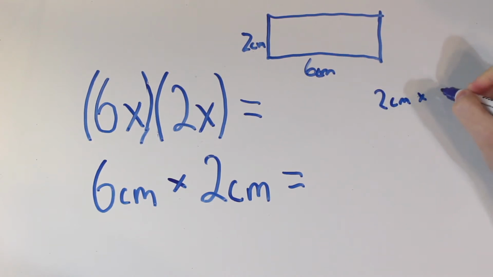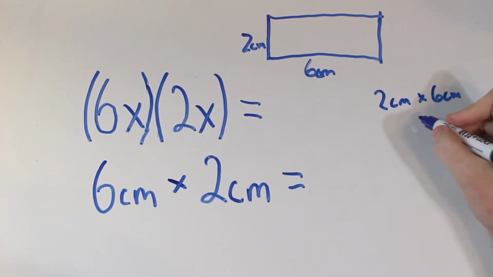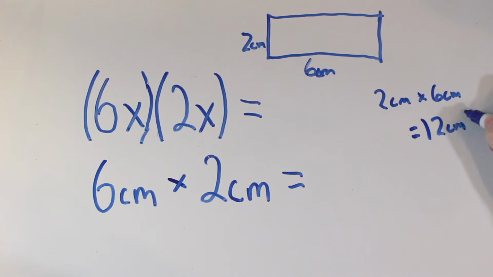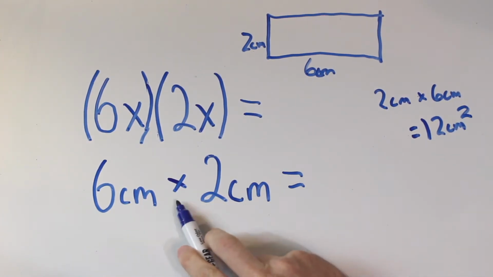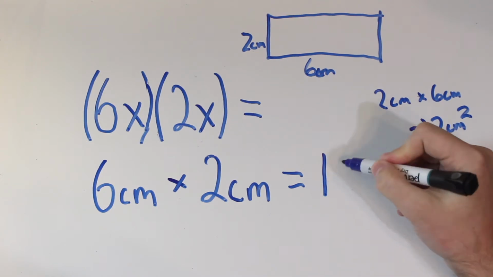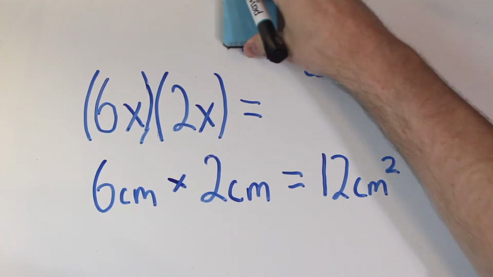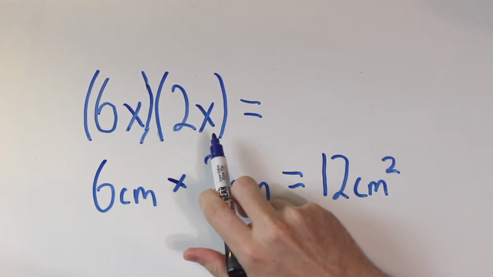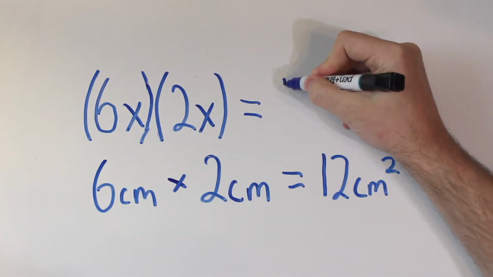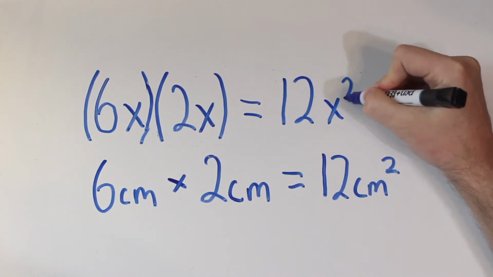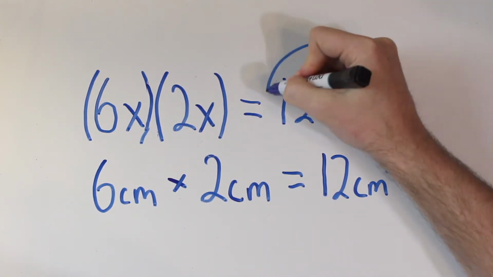And what's the result? Our result is 12 centimeters squared. 6 centimeters times 2 centimeters is 12 centimeters squared. So our 6x times 2x must be 12x squared. There's our answer.